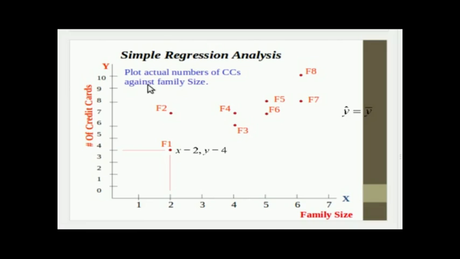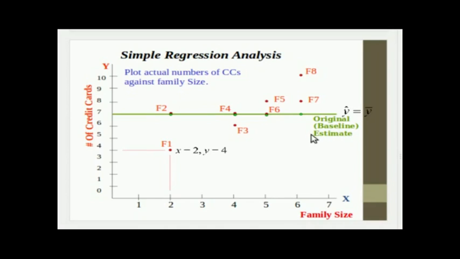So here we are plotting the actual number of credit cards against the family size. We know that y is the dependent variable and x is the independent variable. The question is: does the mean, that is y hat, appear to represent the closest estimate of the actual total number of credit cards for our sample families?